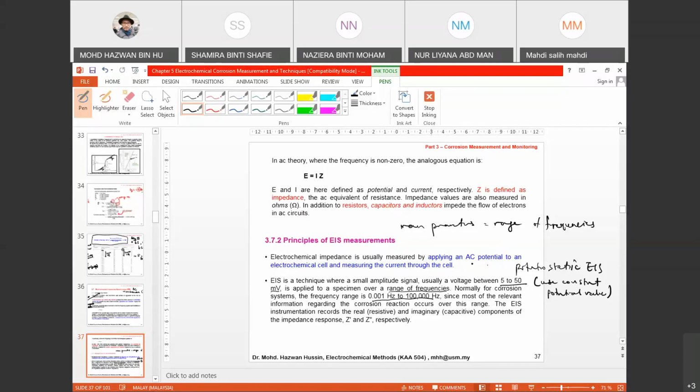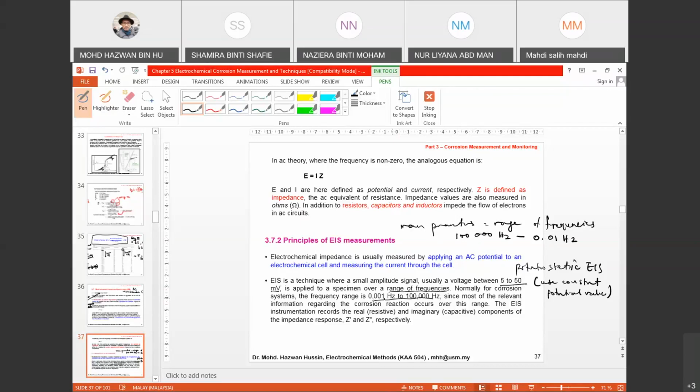And what would be the recommended range of frequency? Normally for EIS, you do the measurement from a higher frequency to a lower frequency, 100,000 hertz to the slowest, maybe 0.1 or 0.01. Like this one, it says 0.001.